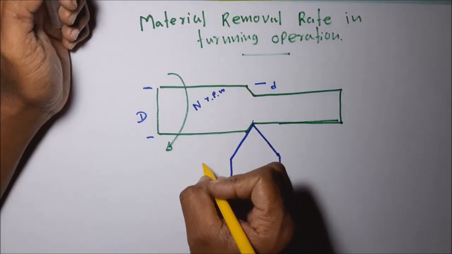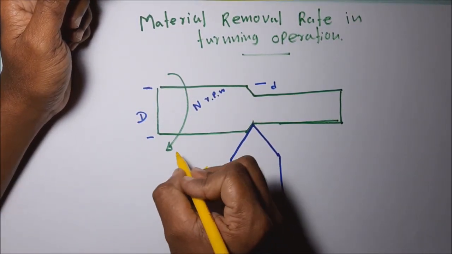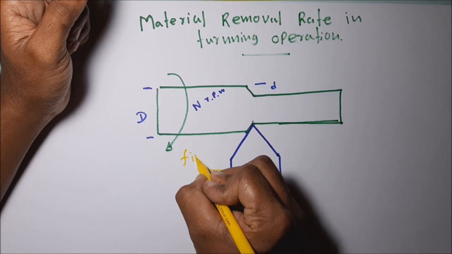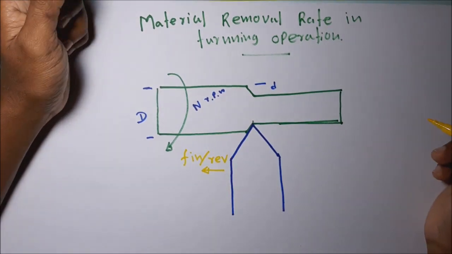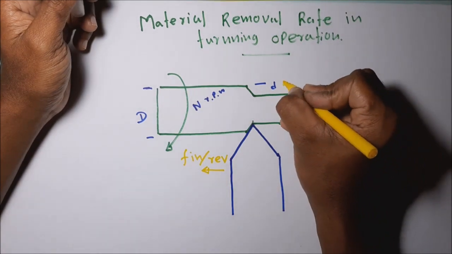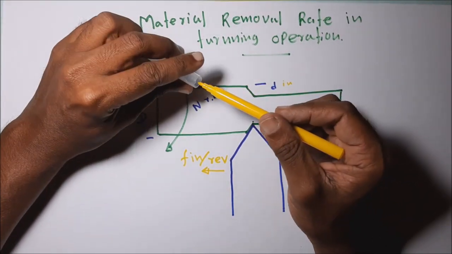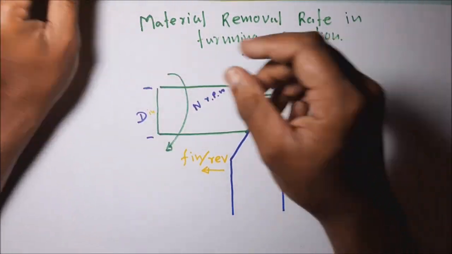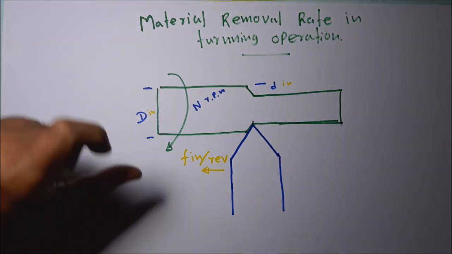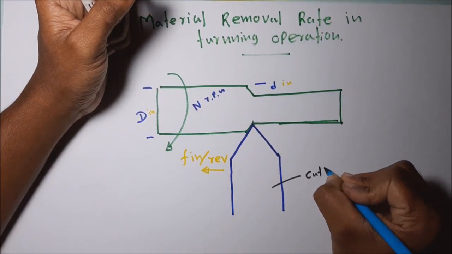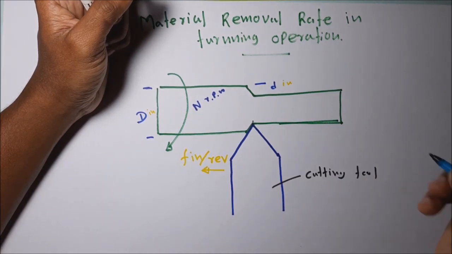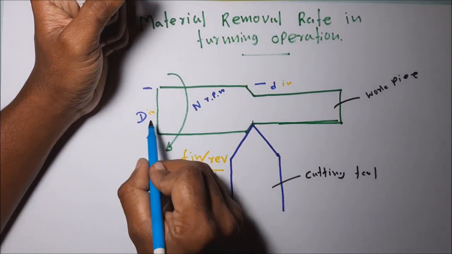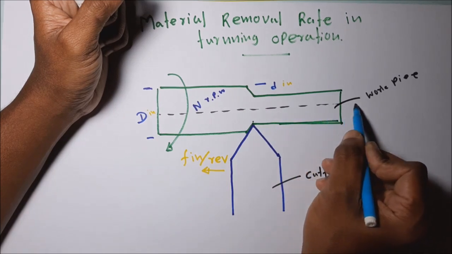Then the feed rate, let's take F inches per revolution, and D is also in inches. This is the cutting tool, this is the workpiece, and this is the rotating axis of the workpiece.